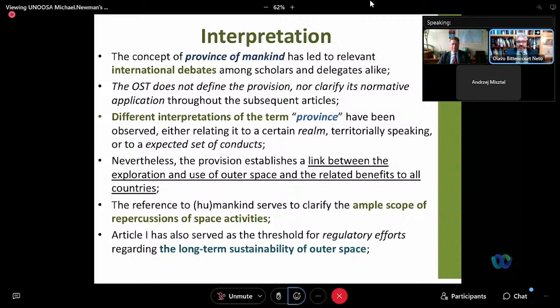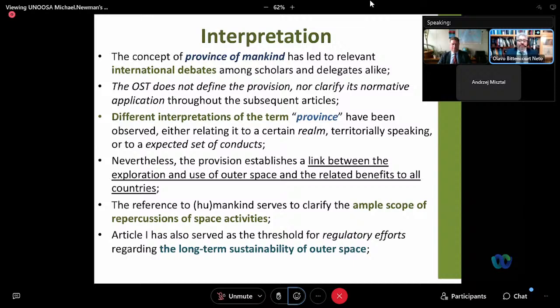Based on the topic that's under my responsibility today, it's important to consider the different interpretations regarding a certain passage of Article 1, Paragraph 1 of the Outer Space Treaty, the passage that stipulates that the exploration and use of outer space shall be the province of all mankind.